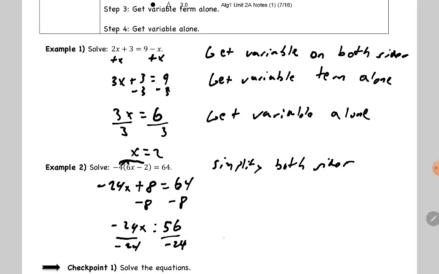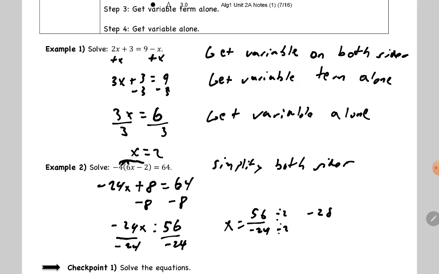Does negative 24 go evenly into 56? No, it doesn't. So x equals 56 over negative 24. Can we reduce this? Yes, we can. Let's try 2. So I'm dividing both the top and bottom by 2.